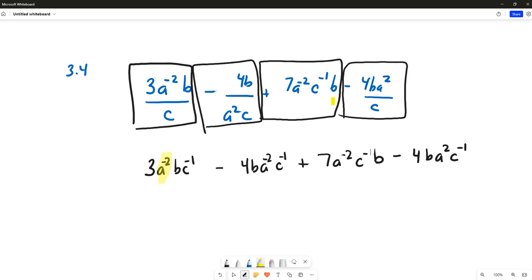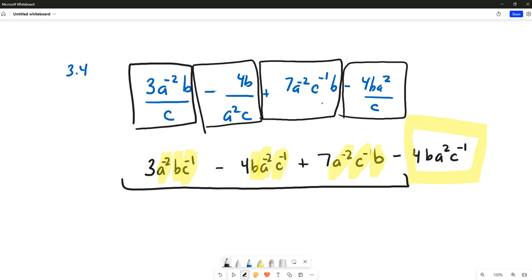We have a to the negative 2, b, and c to the negative first, a to the negative 2, b, c to the negative first, and this one is not like the others because the a squared is not a negative, okay? So only these 3 first terms are the same.